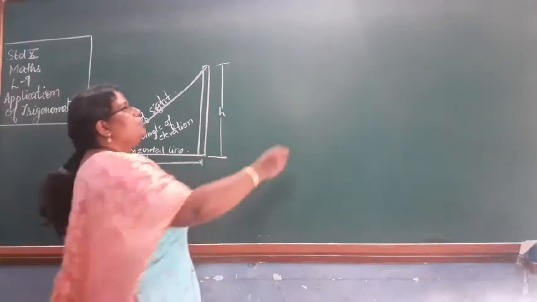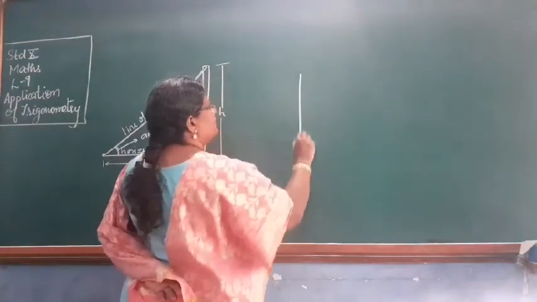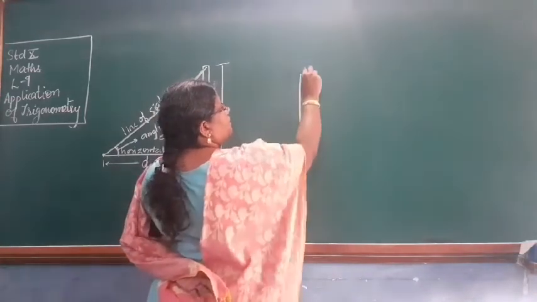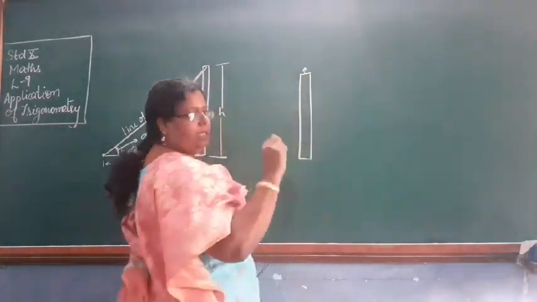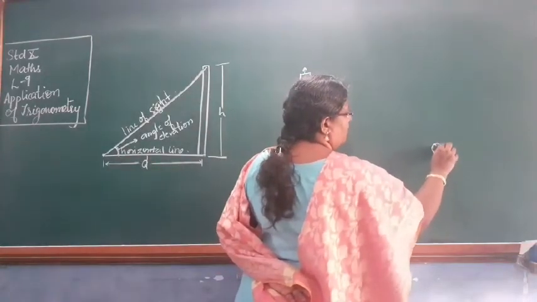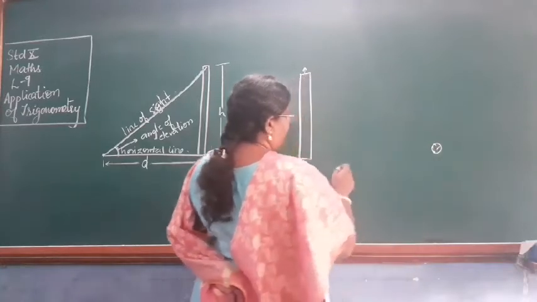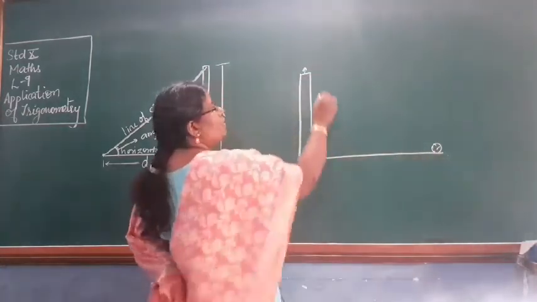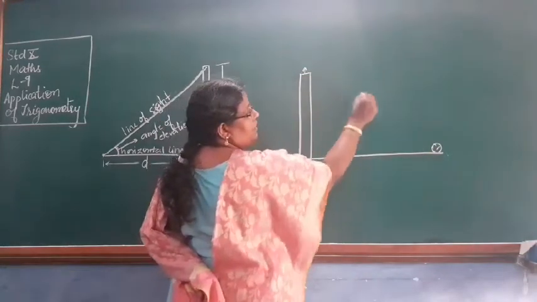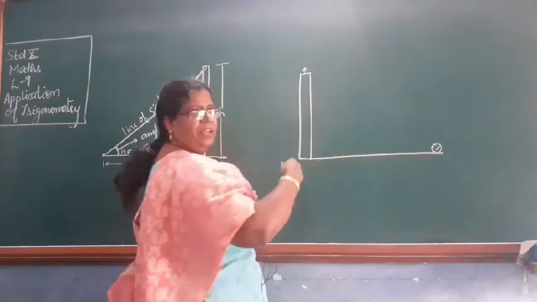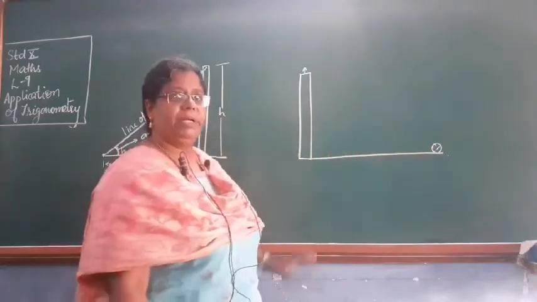Now suppose there is a building, and an observer is standing at the top of the building. There is an object, like say a ball, and this observer is observing this ball, which is lying somewhere away from the building.